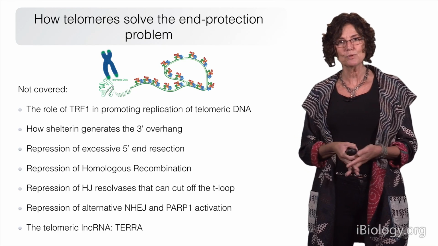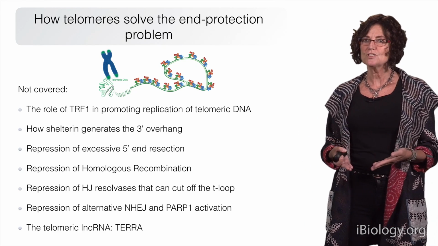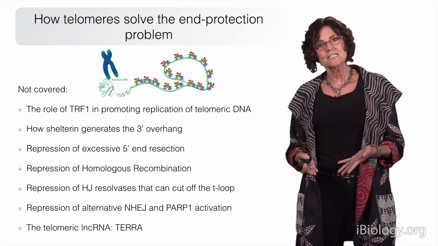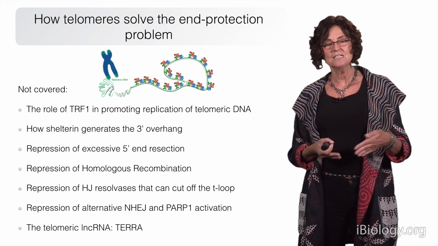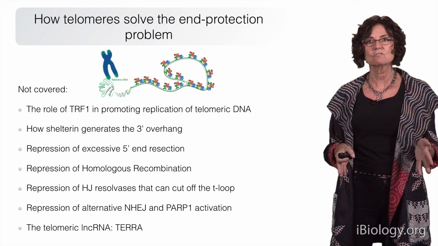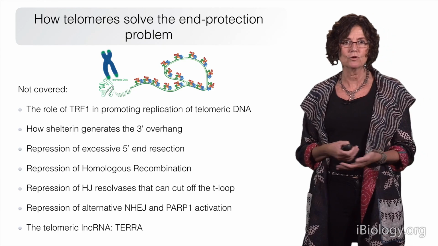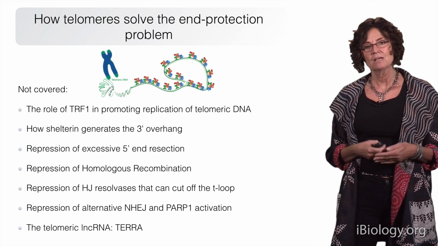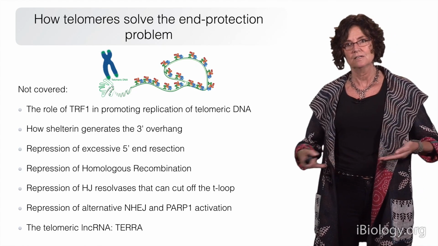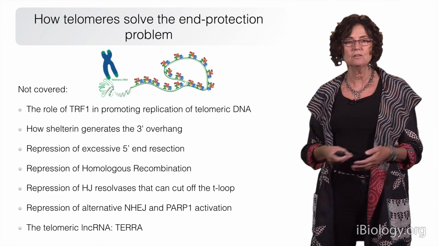It's the first telomeric protein we found. It turns out not to be involved in the end protection problem. Instead, it's a protein that helps the DNA replication fork go through the telomeric DNA, which is extremely difficult for the replication fork to negotiate. I haven't told you how Shelterin creates the 3' overhang. That's so important to make the T-loop structure.